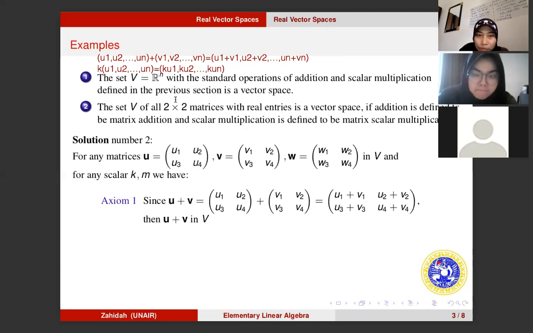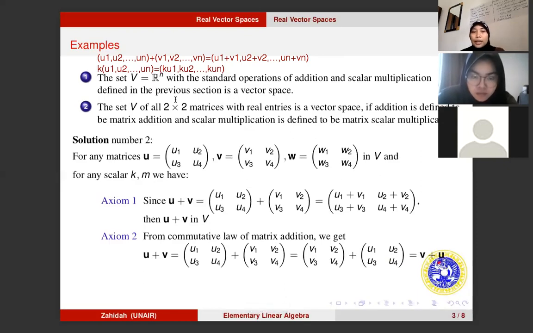What about axiom 2? Axiom 2, we want to show that V with this operation satisfies the commutative law.